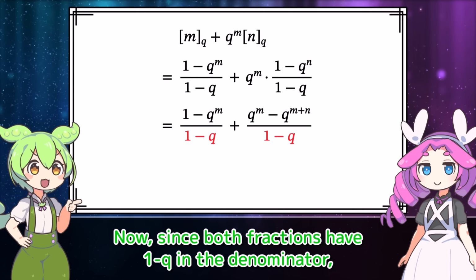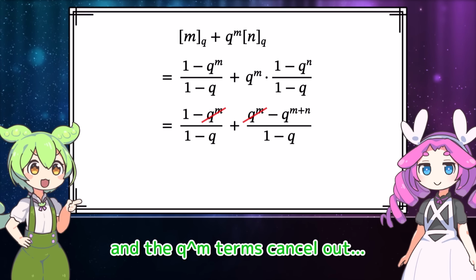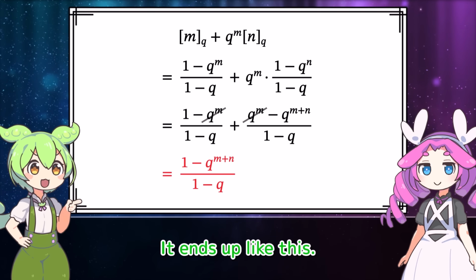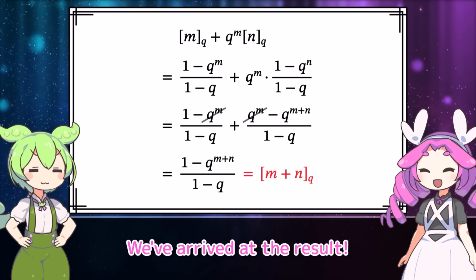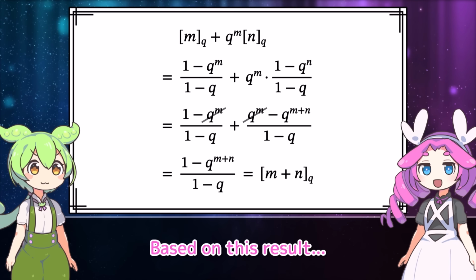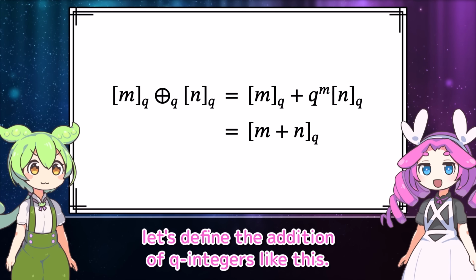Now, since both fractions have 1 minus q in the denominator, and the q to the m terms cancel out, it ends up like this. This represents the q integer corresponding to m plus n. We've arrived at the result. Based on this result, let's define the addition of q integers like this.